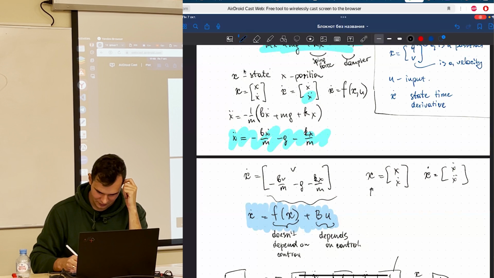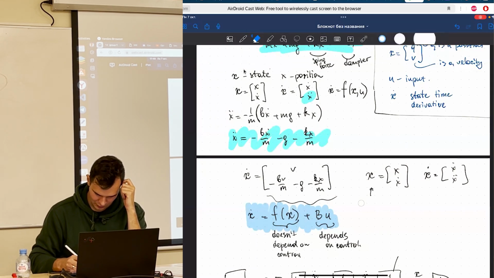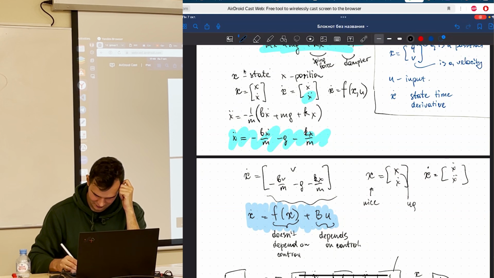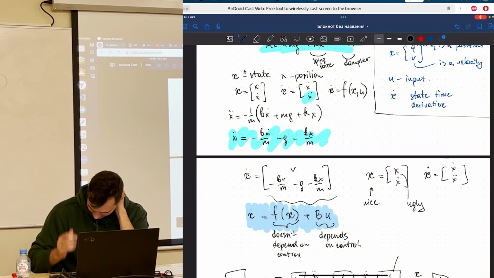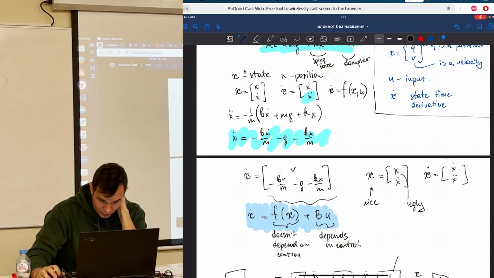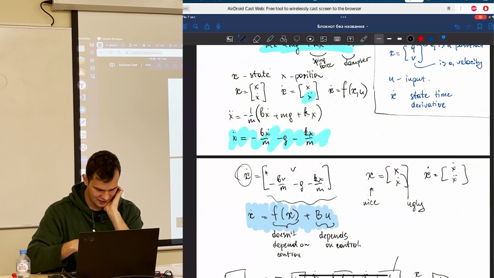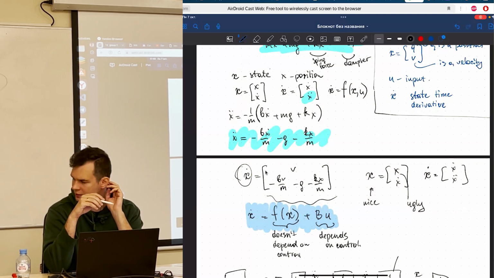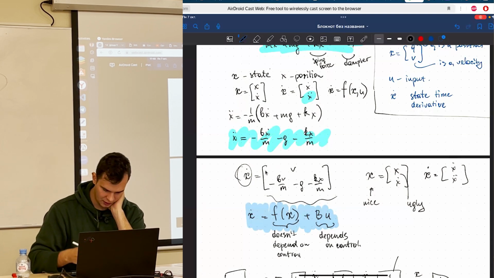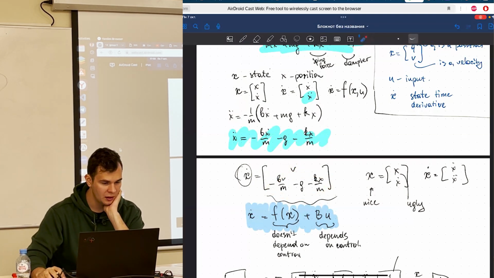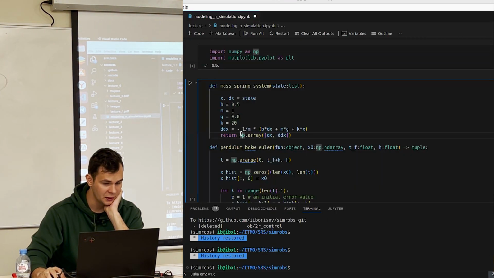The beautiful one, let's call it nice, and ugly. The point is that the time derivative of the state represents velocity and acceleration. This is the velocity, this is the acceleration, and it's something that you see here.